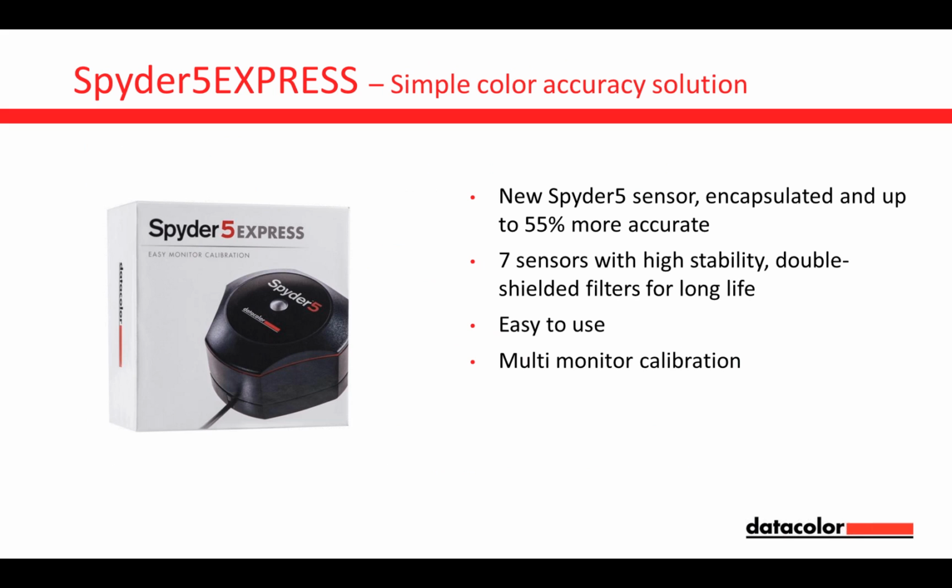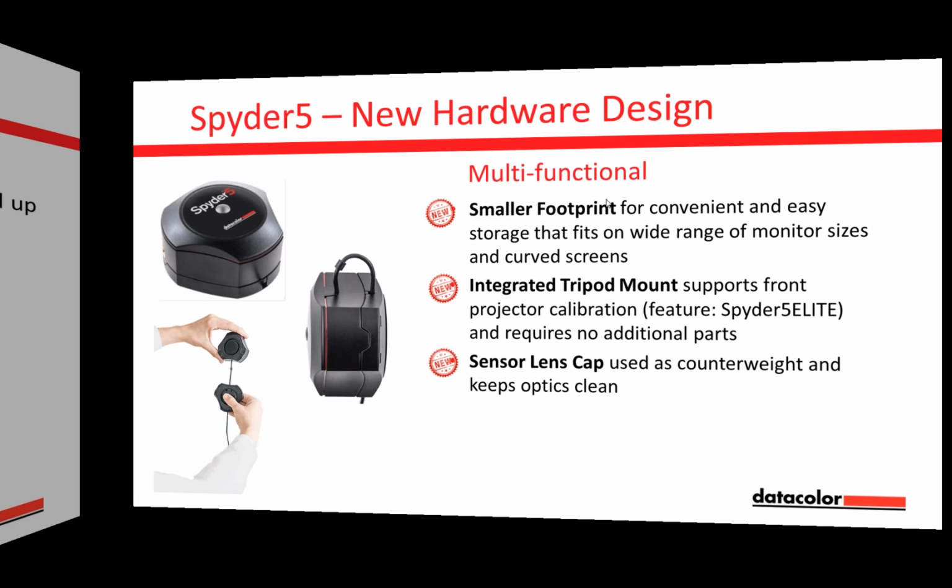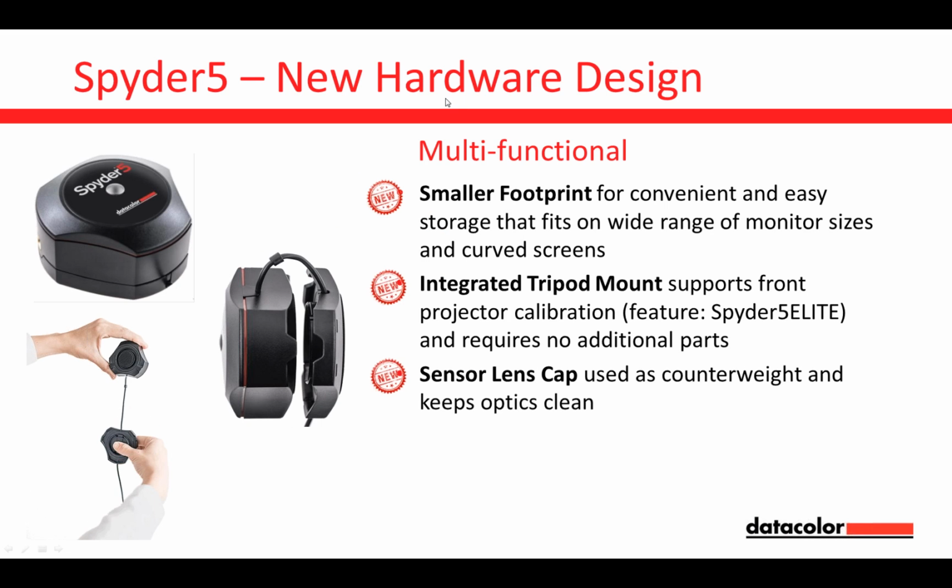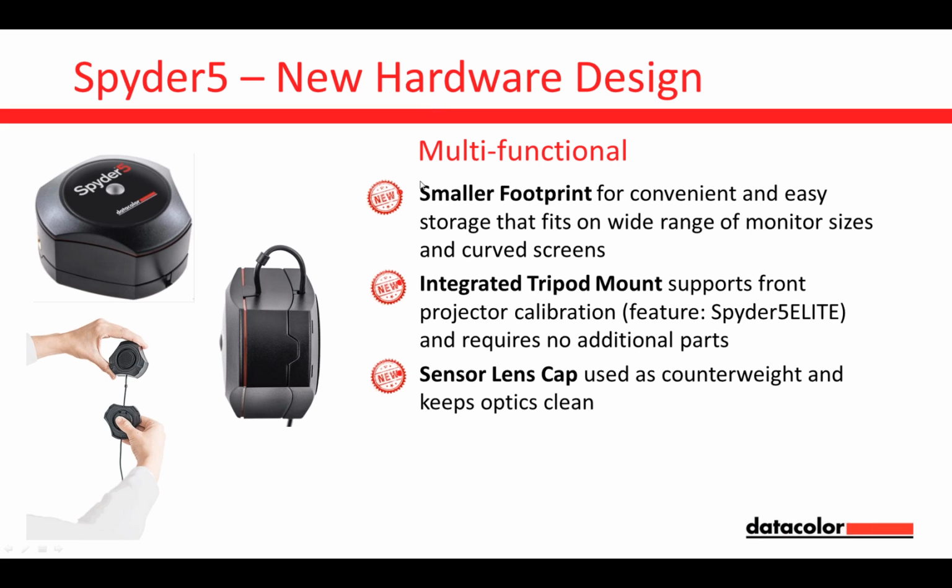Okay, so let's have a closer look, and we have a new sensor. You see it over here. It's encapsulated and up to 55% more accurate. Let's have a closer look over here, and therefore, what have we done? We have a new hardware design. We have a smaller footprint.